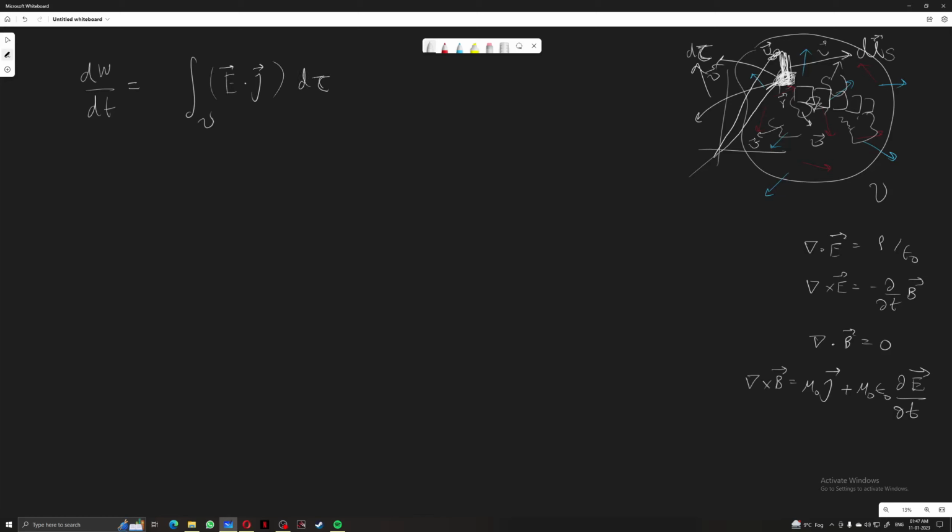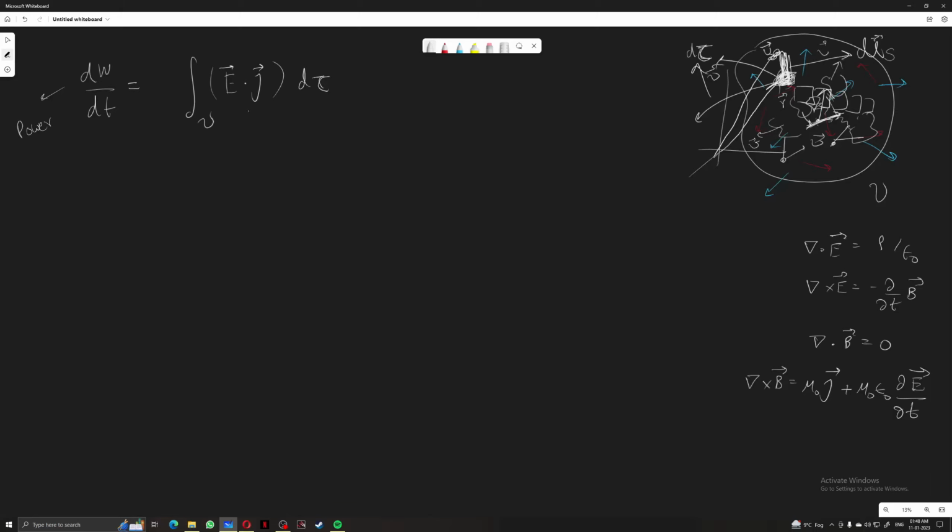This just means that you go to a particular location, you find what the electric field is there, you find what the volume current density is, you dot these two vectors and you get a scalar, and then you go to another volume d tau, and do the same dot product, and do the same for all this volume, integrate over this volume, and you can get your power. This is power, dW over dt.